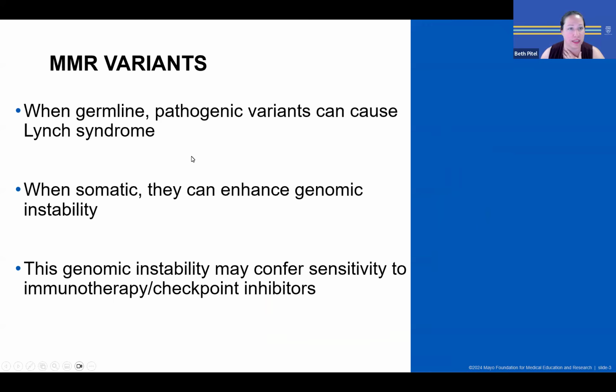So when these variants happen in the germline, pathogenic variants can cause hereditary cancer syndromes like Lynch syndrome, and when they're somatic, they enhance genomic instability, like we were talking about. And this genomic instability may confer sensitivity to immunotherapy or checkpoint inhibitors.